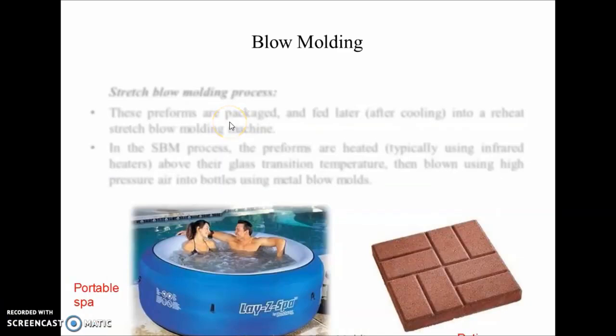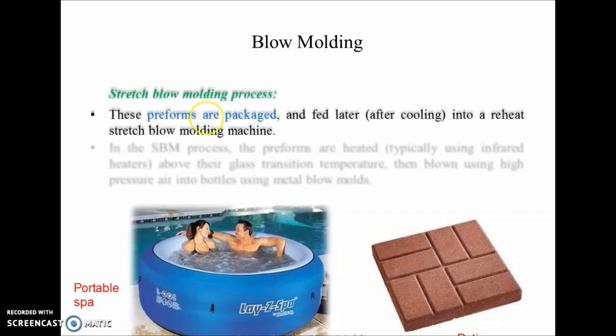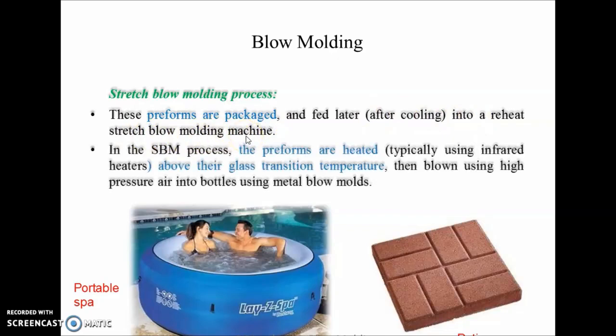The next type in the blow molding process is the stretch blow molding process. In this type, the preforms or parisons are packed and fed later into the preheat stretch blow molding machine.